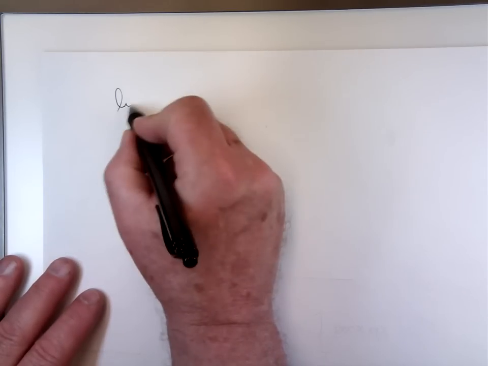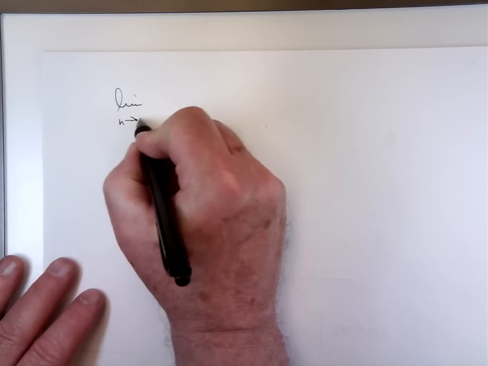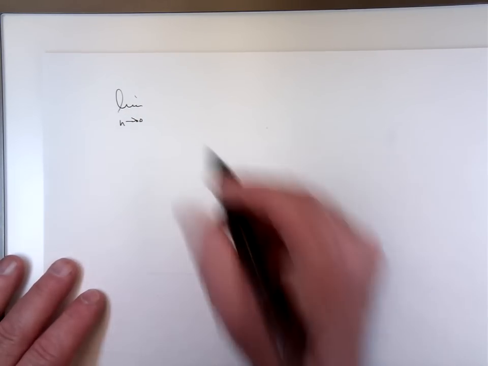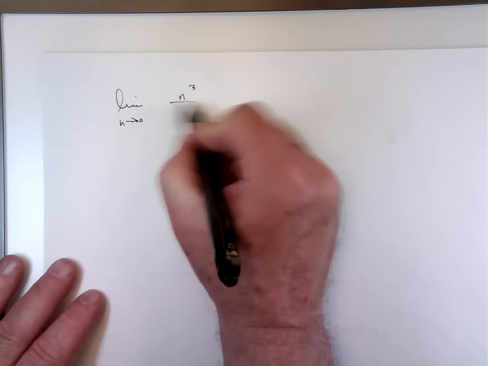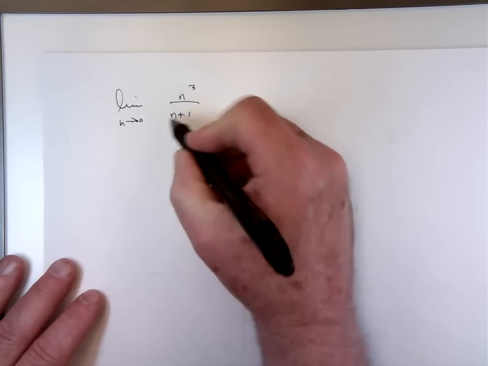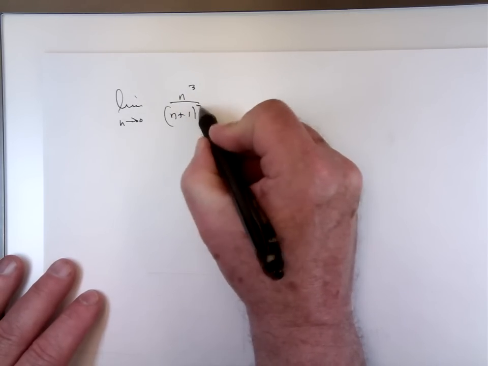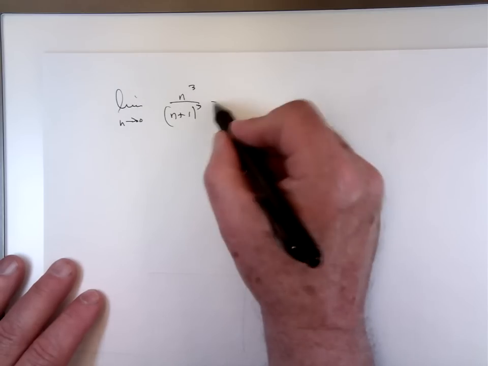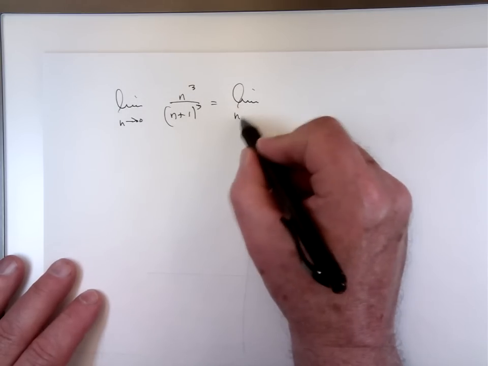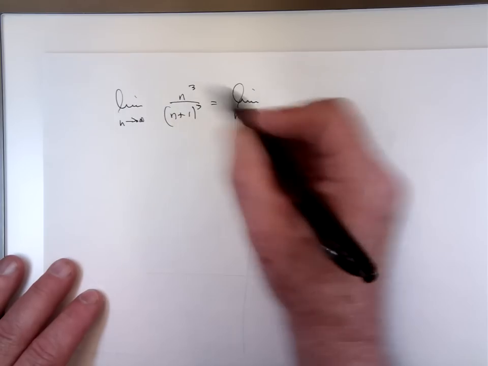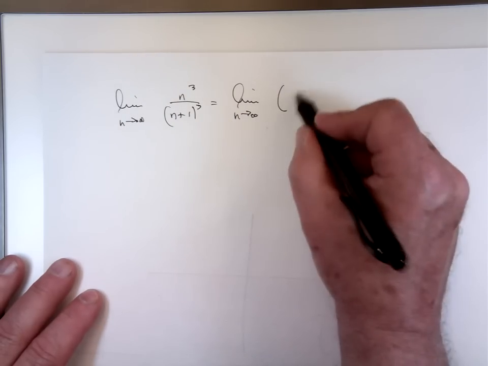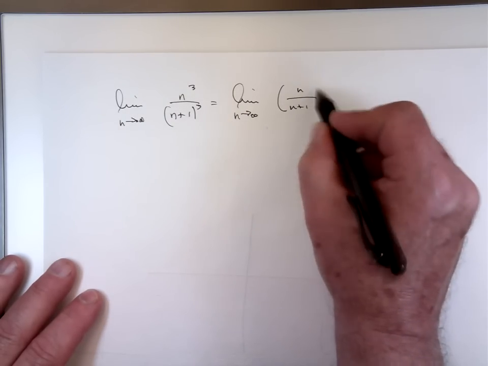Okay, here. When you take a look at this limit as n goes to infinity, we ended up with n cubed over n plus 1 cubed. One way to look at it, maybe a better way: n goes to infinity here, and you could write it this way. Okay?